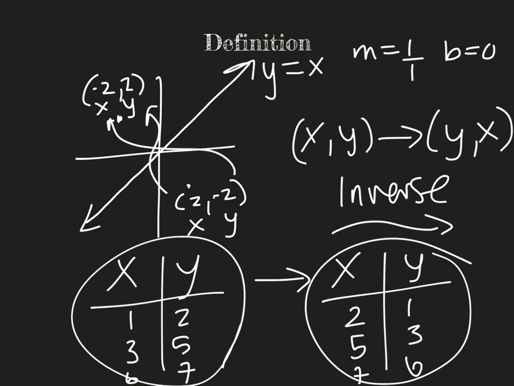Now, in our next video, we're going to focus on how you specifically find the reflection of, say, the function we spoke about, y equals 2x minus 3. How do you find the inverse of this function? How do we go about reflecting an equation with itself?